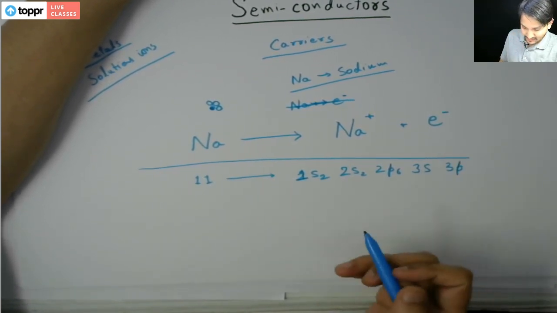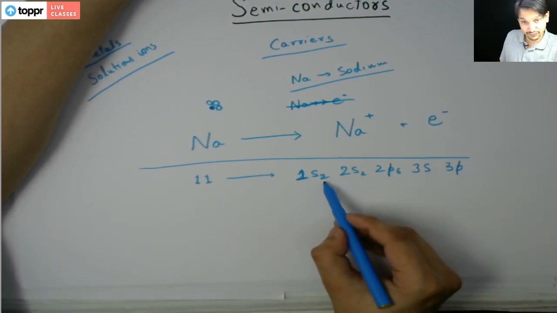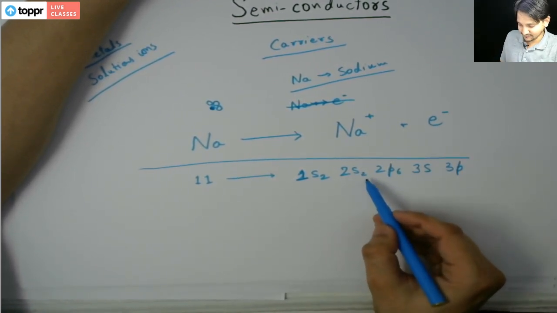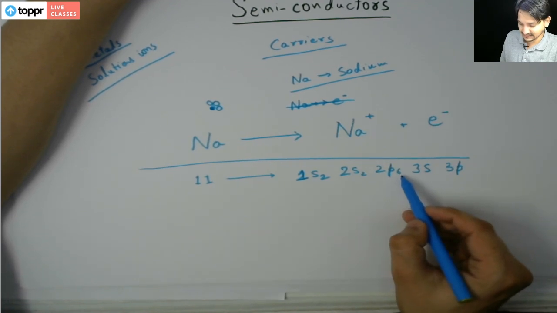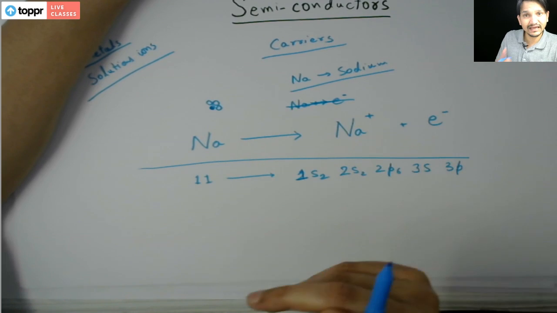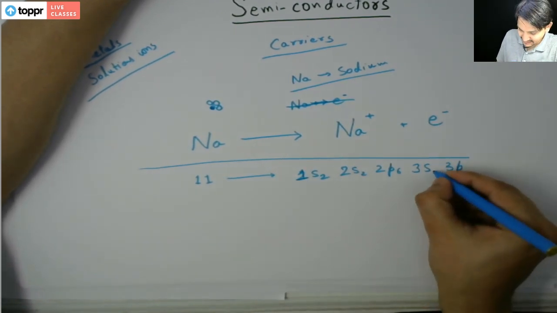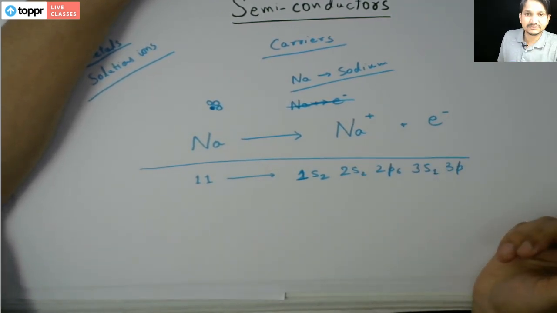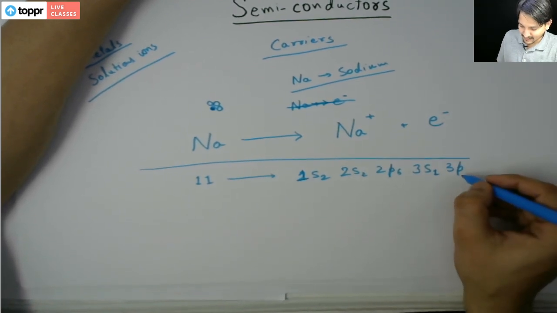If you count the electrons, 2, then 2, there are 4, and then 6, that is 10. We have only one electron left, which is in our third s orbital.